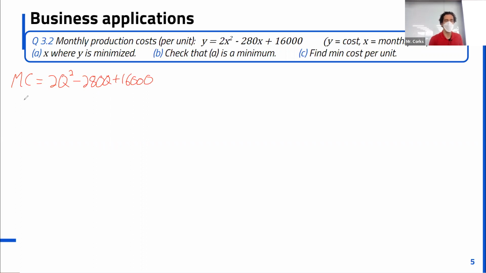And we want to minimize this, so we find our derivative, marginal cost prime, 4q minus 280.